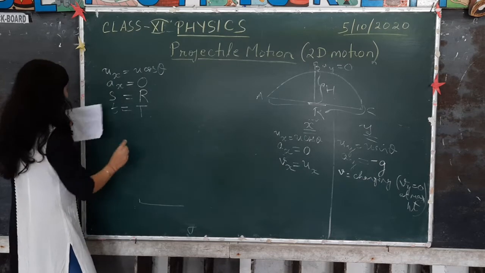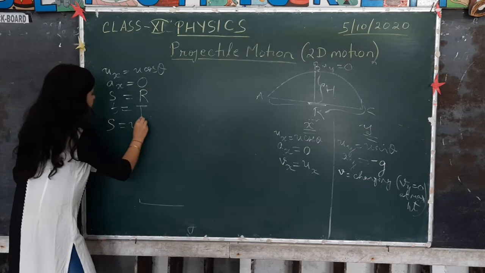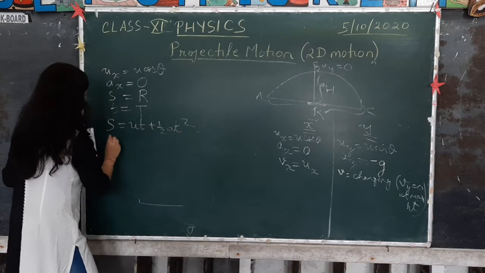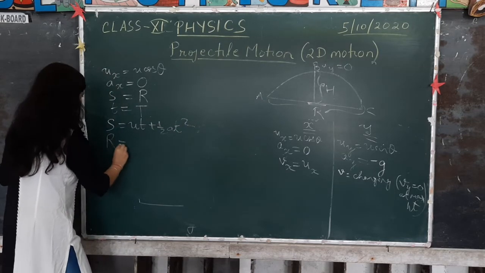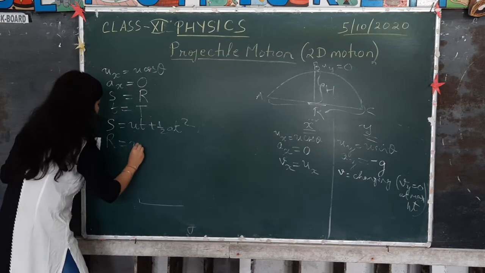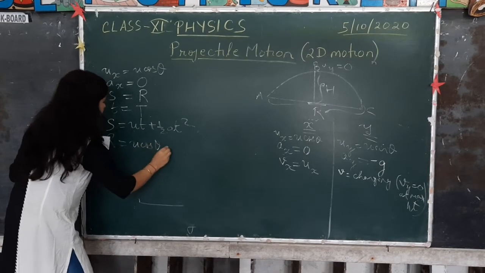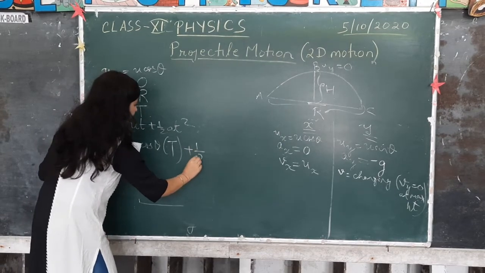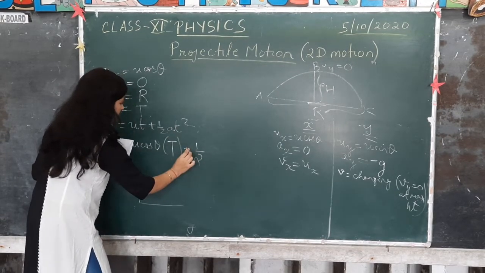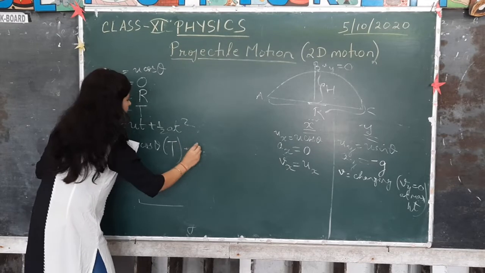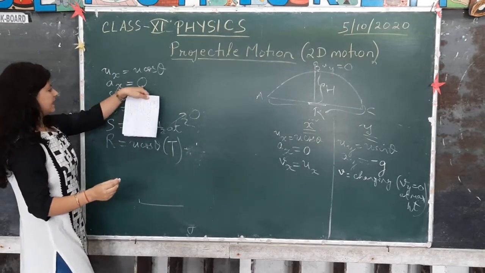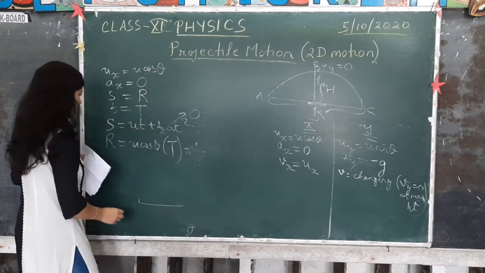Now we can apply s is equal to ut plus half at square. Now s is r, u is u cos theta, time is t, plus half a t square, but a is equal to 0 here, because acceleration along the x direction is 0, so this term vanishes to 0.